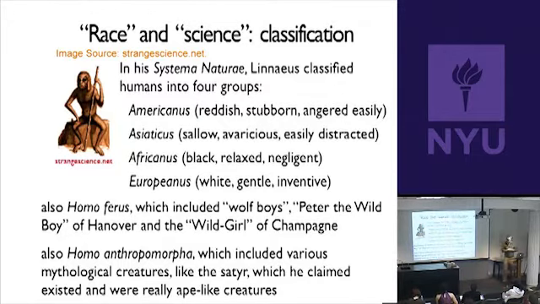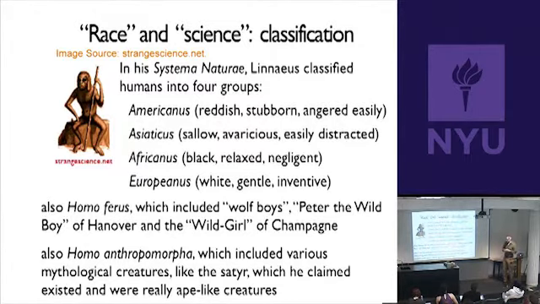And there was this famous example of Peter the wild boy of Hanover and the wild girl of Champagne, right? And so Linnaeus, for some reason, decided that this was an entire classification by itself, and that Peter and the wild girl should be basically a different species or type of human.